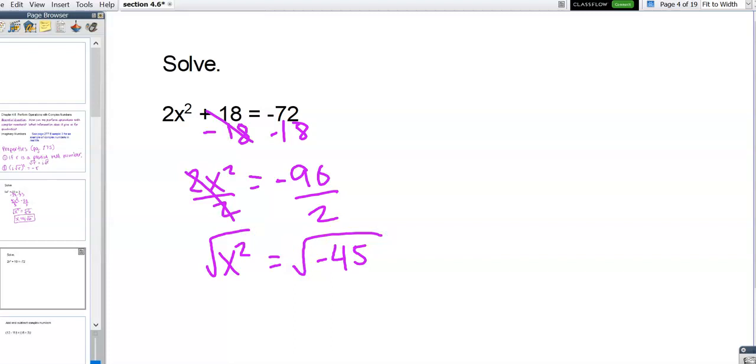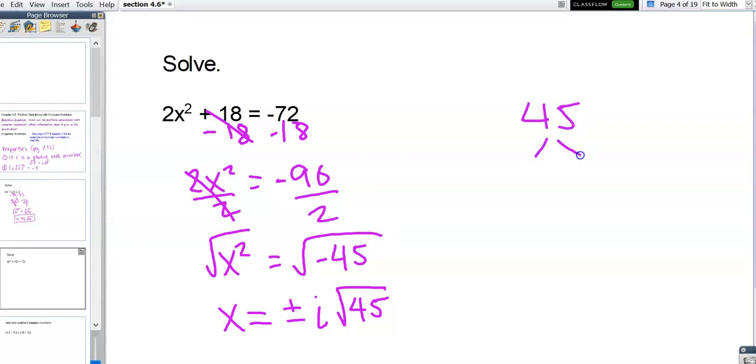So we're taking the square root of a negative number, so that means we automatically have to write an i in front of our square root. And when we write the i, now we have a positive number underneath the radical, and we can just factor and simplify. So 45 does contain perfect square factors.